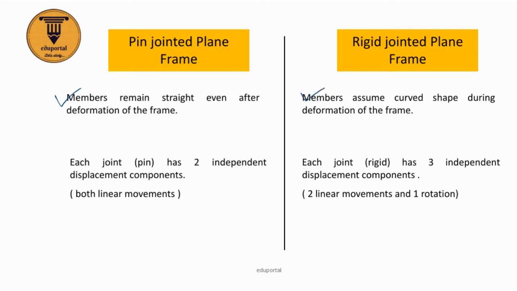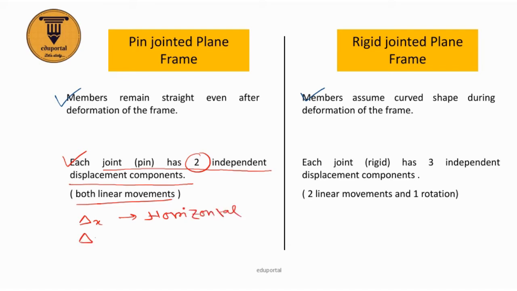The next one: in a pin jointed plane frame, each joint has two independent displacement components, both linear movements. One is del x, that is horizontal movement, and another is del y, that is vertical.